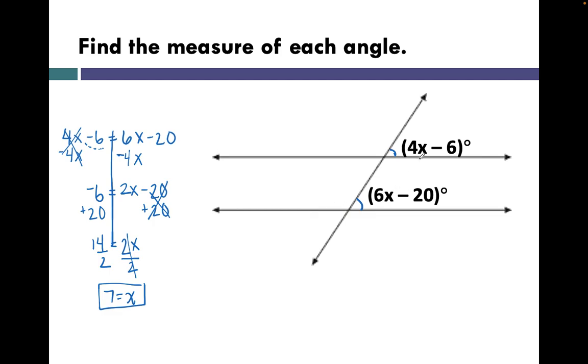Now that we know that the x value is 7, we have to still find the measure of each angle. So 7 is not the measure of the angle. 7 is just the value of the variable x.